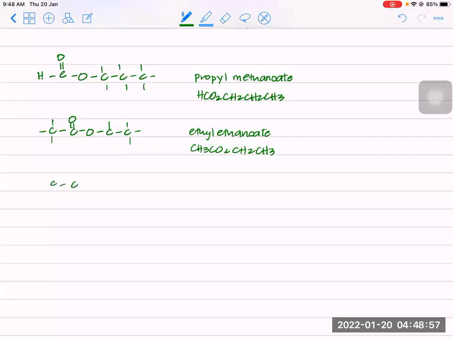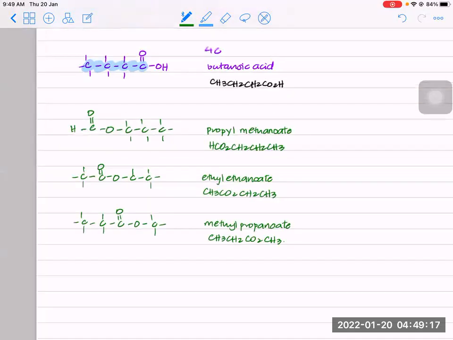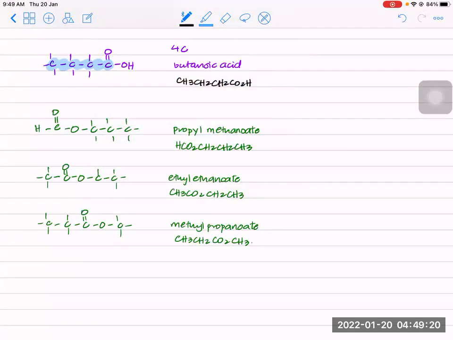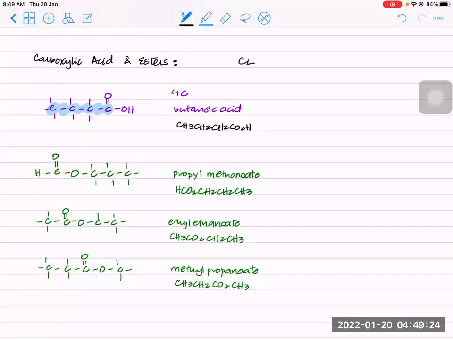You have a 3-carbon acid and 1 carbon alcohol. This right here, this would be what? Methyl propanoate. So this is what? CH3, CH2, CO2, CH3. Do you see all of these have the same molecular formula. They all have 4 carbons. They all have 8 hydrogens and 2 oxygens.